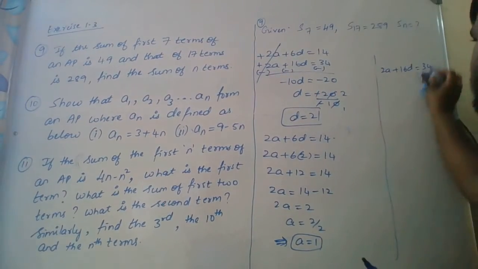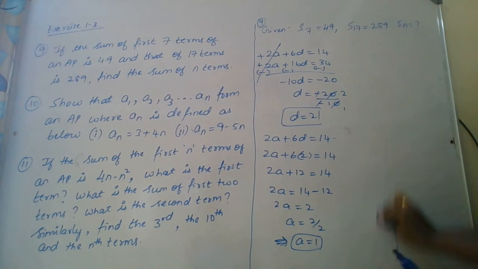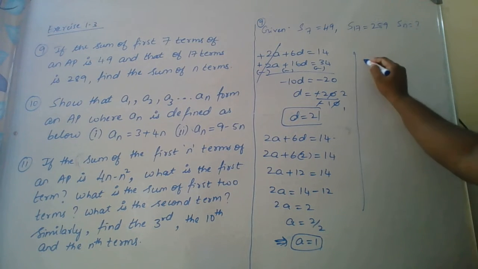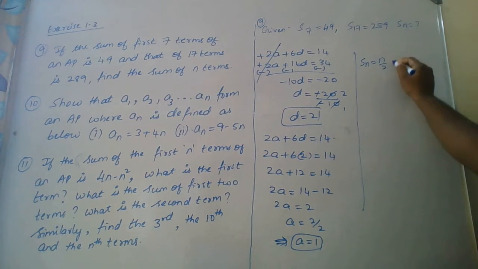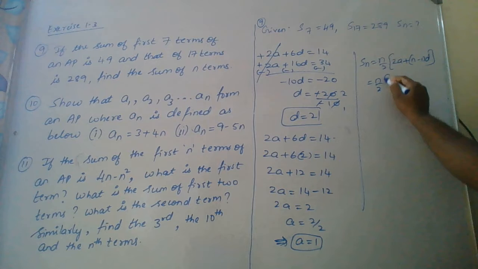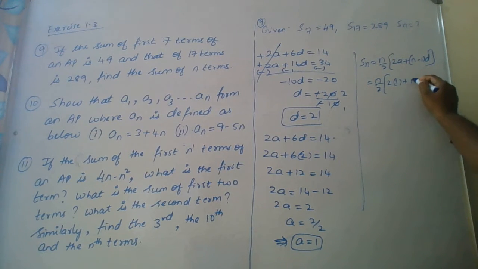The required thing is Sn, isn't it? So let's find that. What is the formula for Sn? n by 2 into 2a plus n minus 1 into d. So n by 2 into 2 into 1 plus n minus 1 into 2.